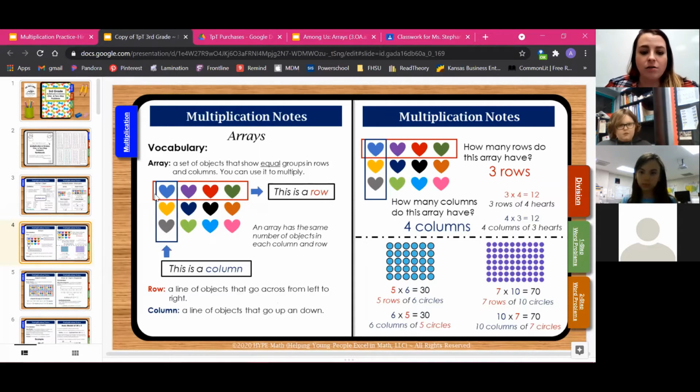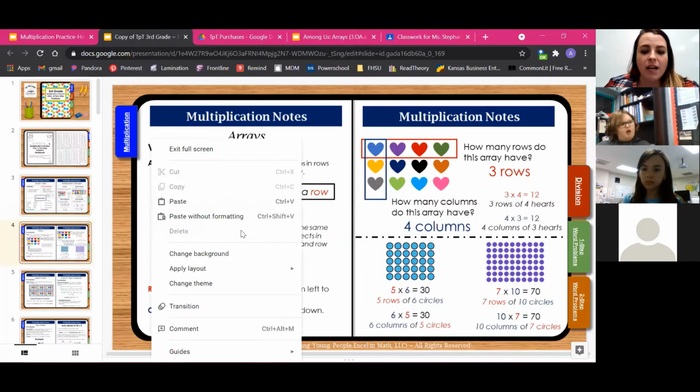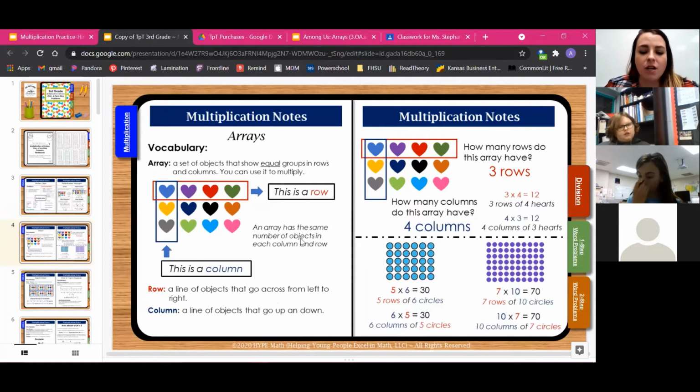So like I said, this is a row, this is a column. An array has the same number of objects in each column and row. So there's always 3 hearts in each column, and here there's 4 hearts in each row. So a row is a line of objects that go across from left to right. A column is a line of objects that go up and down.